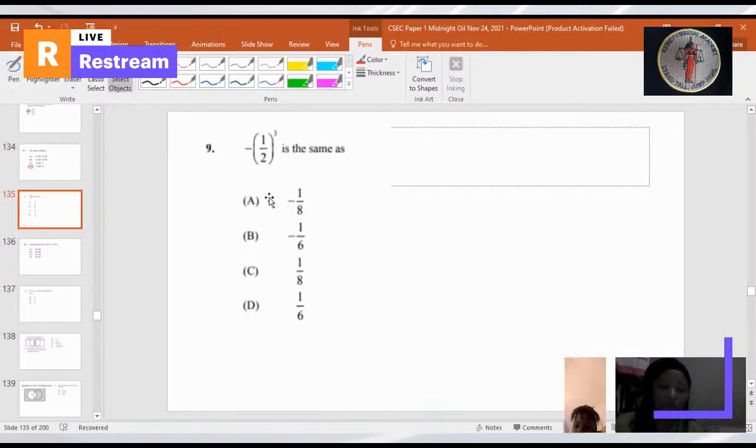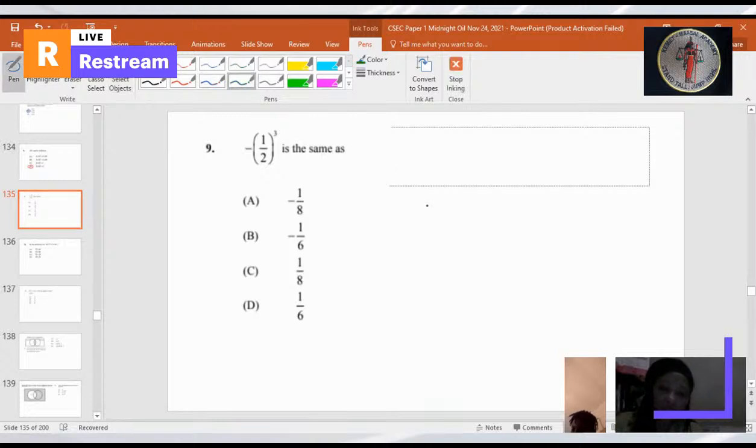All right, number 9 wants negative bracket a half to the power of 3. If the negative was inside the bracket, then it would be negative a half times negative a half times negative a half. It's outside, so we're going to raise the half to the power of 3 first.